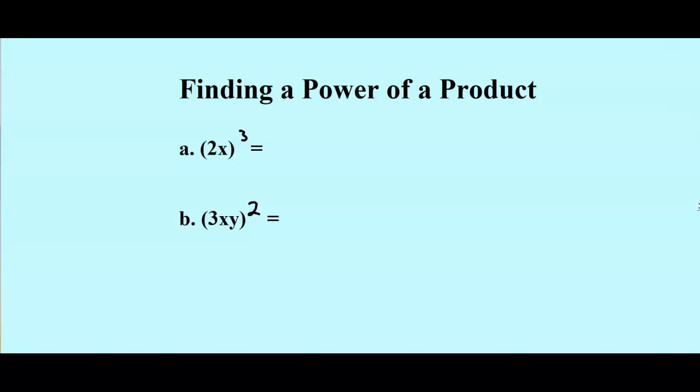What this rule states is, if I have something I can simplify a little more, that's where I'd want to use this rule. So I have 2x all to the 3rd power. Well, I don't know what x is, so I'm kind of stuck unless I know this rule.